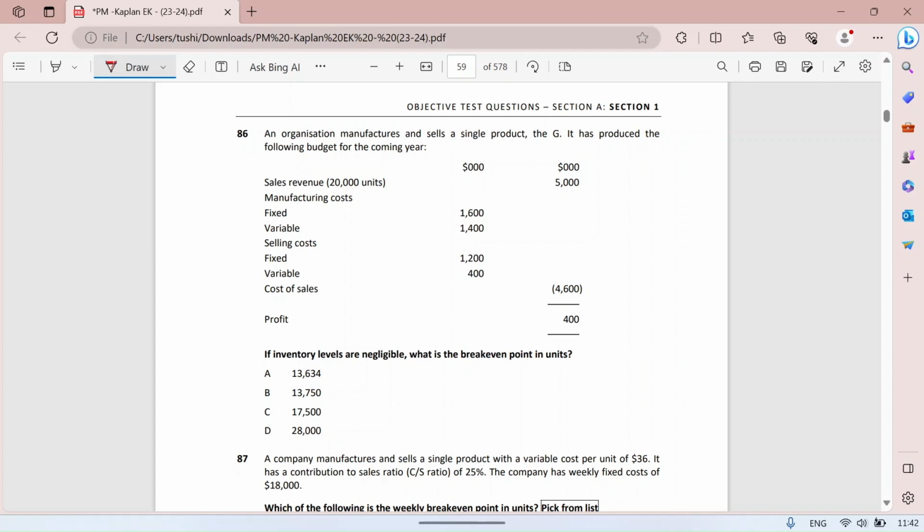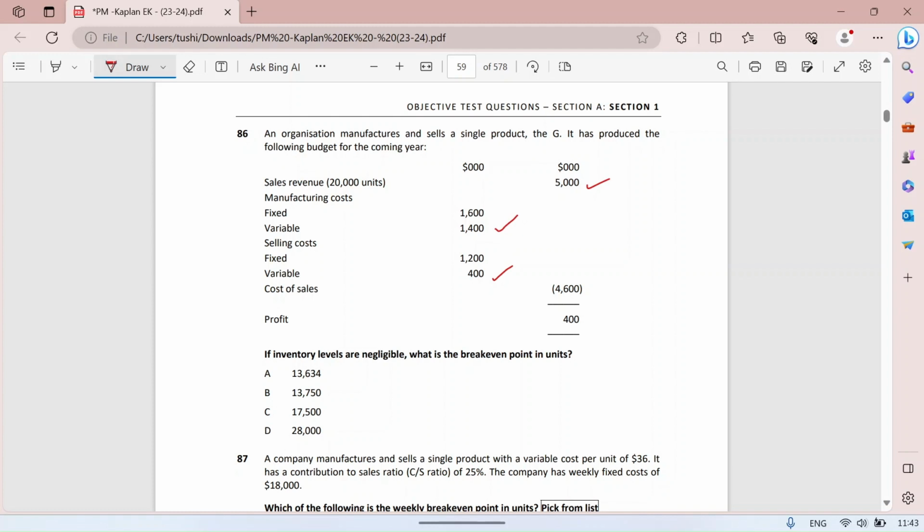First of all, let's see how much our contribution is going to be. So we have our sales revenue, and if I subtract what is going to be my variable cost, which is 1400 and 400, so this will be 5000 minus 1400 minus 400.